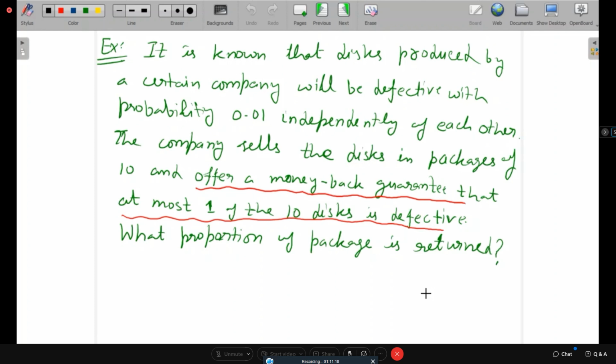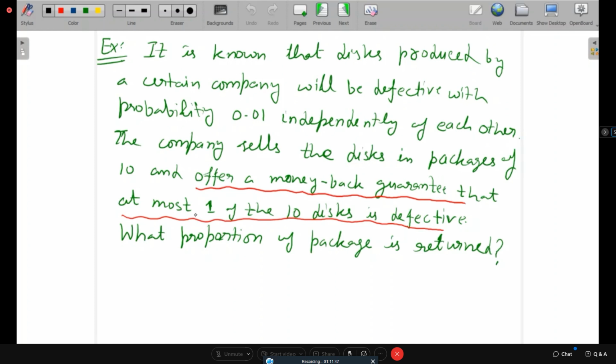That means x1 plus x2 and so on plus x10, the sum of these 10 Bernoulli trials, will follow a binomial with 10 as the n value and p as the probability of success. If you denote 0.01 as defective, then 0.99 is 1 minus p. So you have all that information.